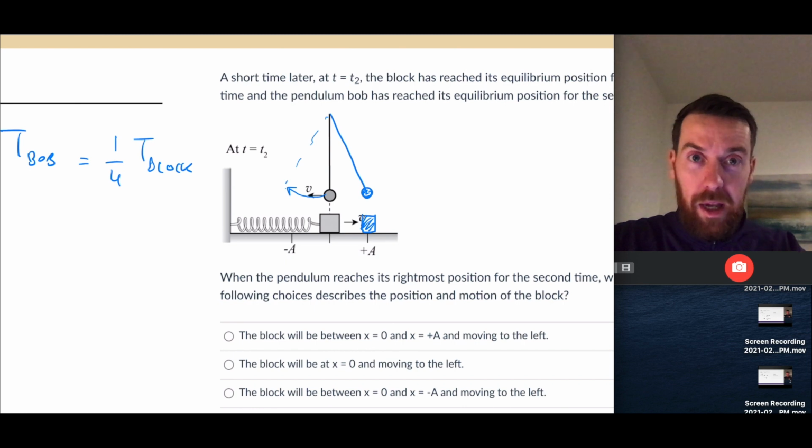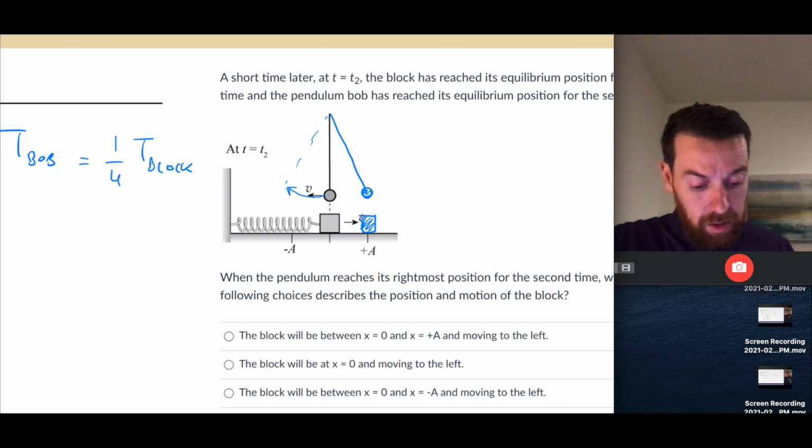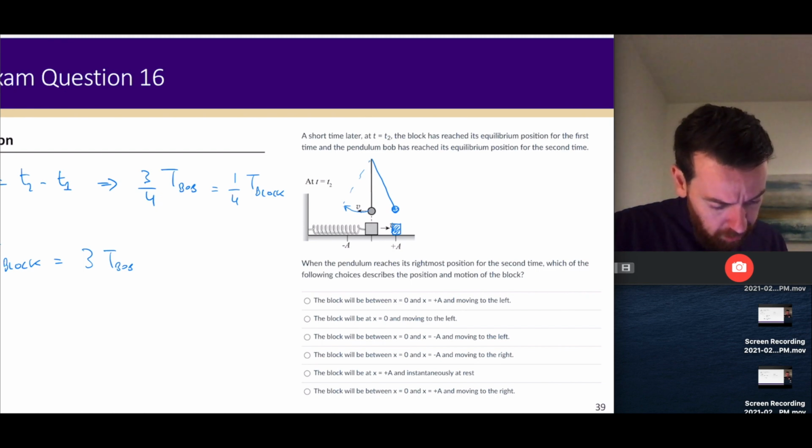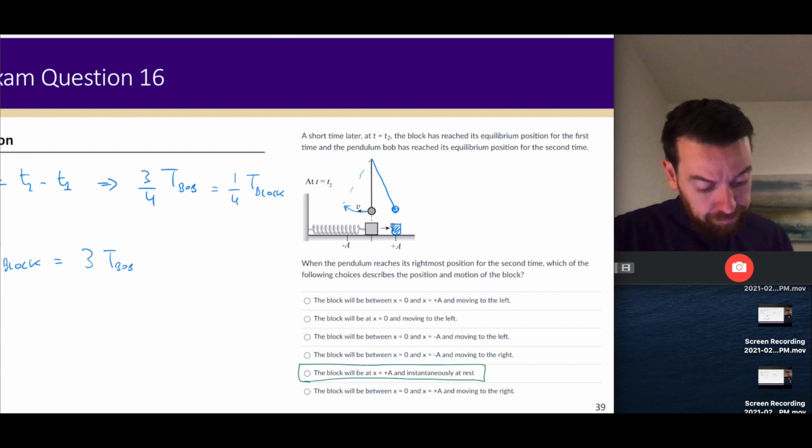So they'll again be in the same position, but at that point the block will have only completed half of its cycle, and the pendulum bob will have completed 1.5 cycles. So the correct answer here is that the block will be at x equals plus A and be instantaneously at rest.